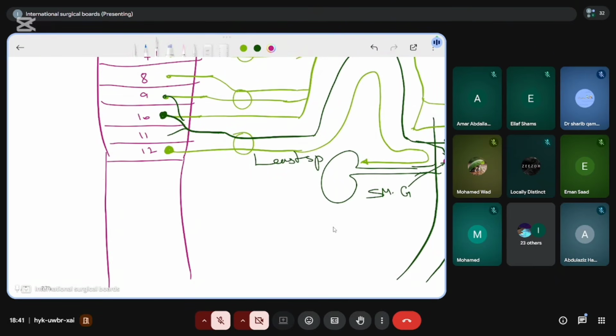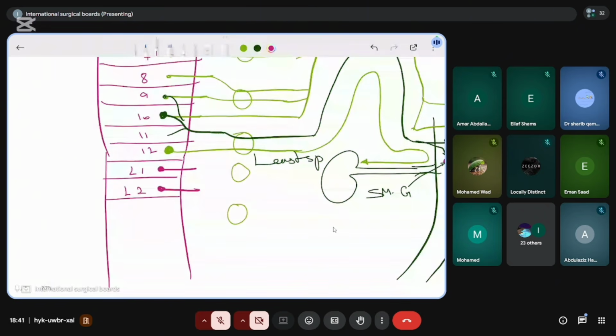Now, when we come down to L1 and L2, and of course, here's our lovely sympathetic chain. From L1 and L2, some nerves come out. They are usually two in number, but could be four.